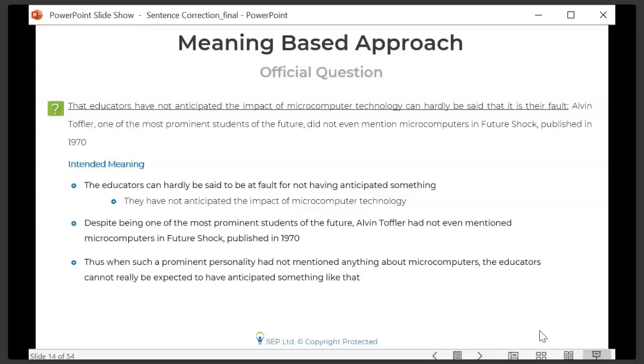All right. So before we proceed further, I will just ask you quickly, give me a moment. Have all of you been able to understand how we analyze this question based on the meaning-based approach and how we got to the intended meaning?